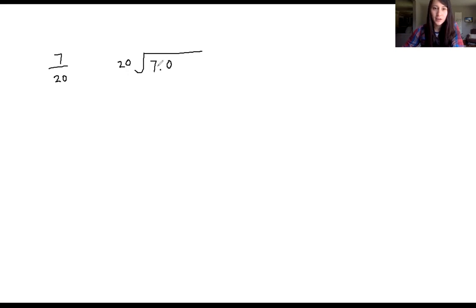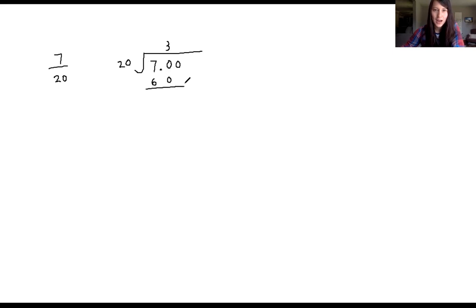I'm going to turn this 7 into a 7.00 maybe for now. And we're going to divide and look at this as a 70 now. So how many 20s can go into 70? The maximum amount of 20s that go into 70? I think 3, right? So 20 times 3 equals 60.